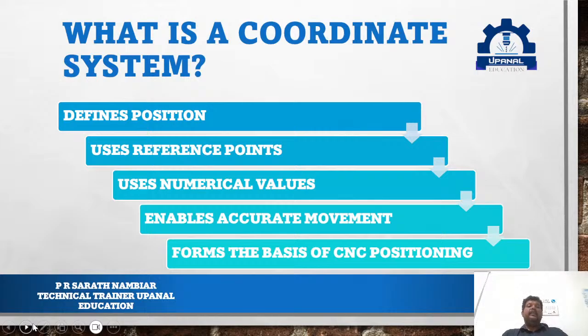So it is like a machine's internal map. Every movement, every operation, every tool path, every position is based on this map. This is why coordinate systems are considered the foundation of CNC technology. Before a machine can cut, drill, mill, or tap, it must first know where everything is located and where the work has to be done. And that knowledge comes from the coordinate systems.